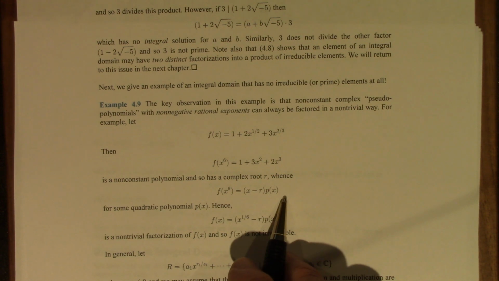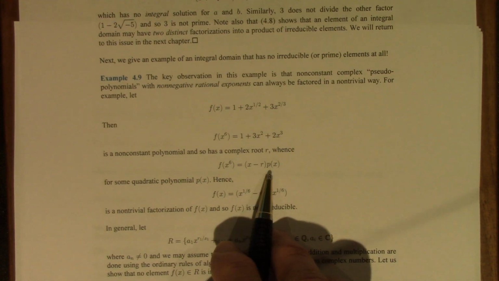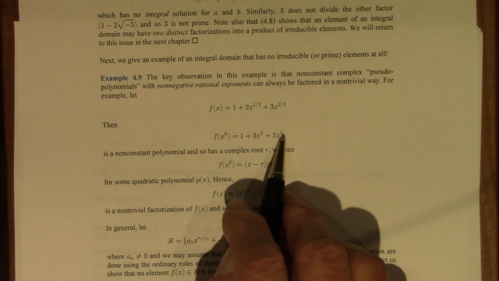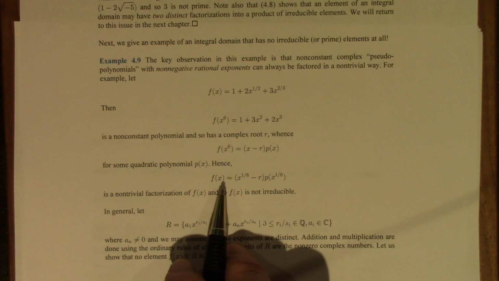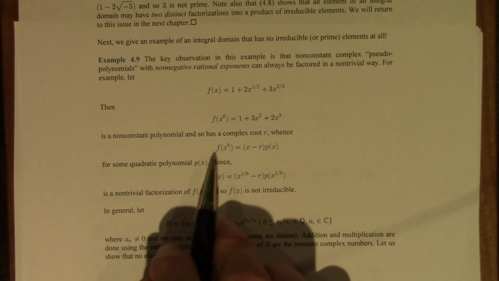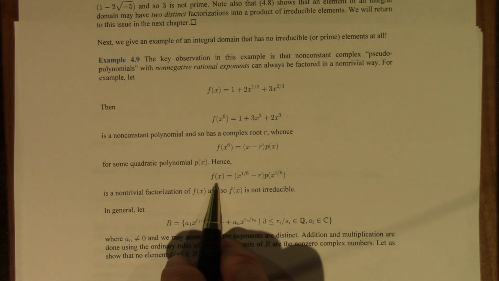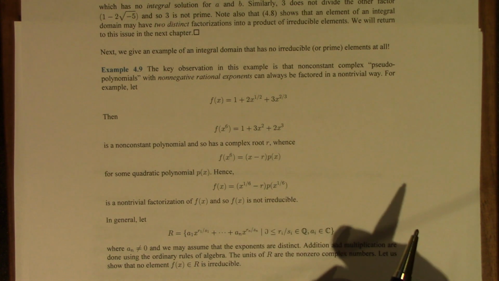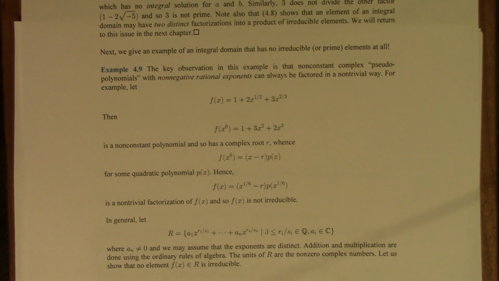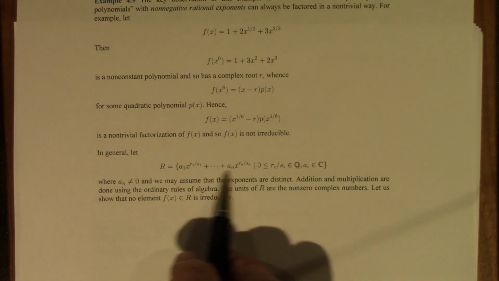We get this for some quadratic polynomial. This is cubic. P of x is quadratic, so it's non-constant. Then we pass back, drop the x to the 6th. F of x looks like this. That is a non-trivial factorization of f of x. So f of x is not irreducible, it's reducible. Same argument works in general.